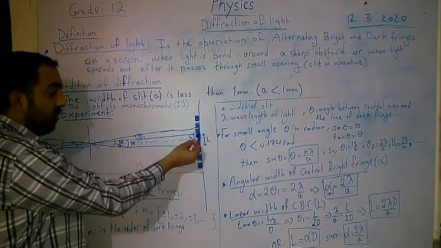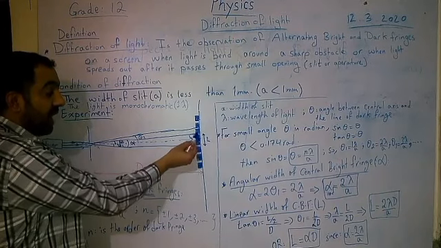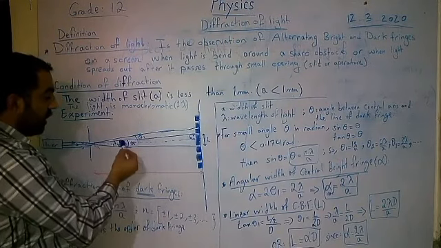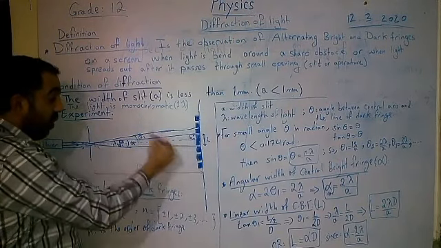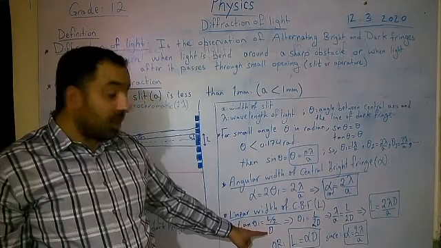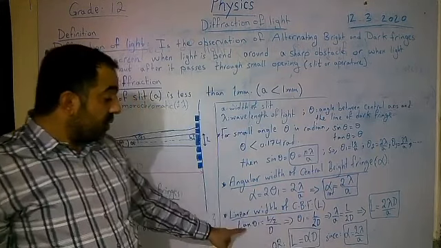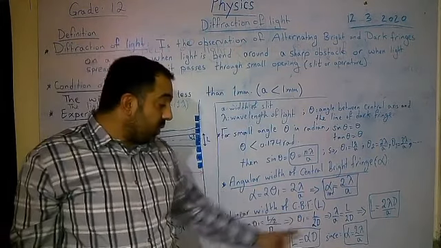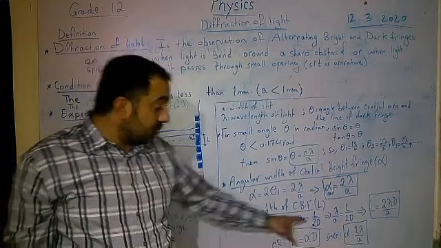Half of this width is L over 2. Tangent theta 1 equals L over 2 over D, opposite over adjacent. Also tangent theta 1 is theta 1, so theta 1 equals L over 2D.